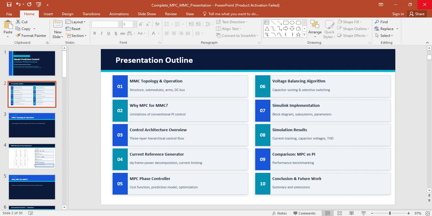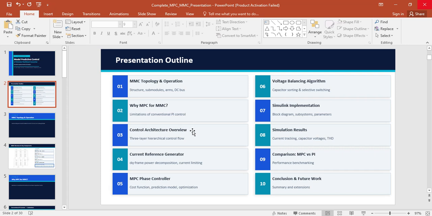So in this presentation, I am going to discuss the MMC topology and its operation, and why we are choosing the MPC for MMC. Also, I will briefly describe the limitations of conventional PI control.